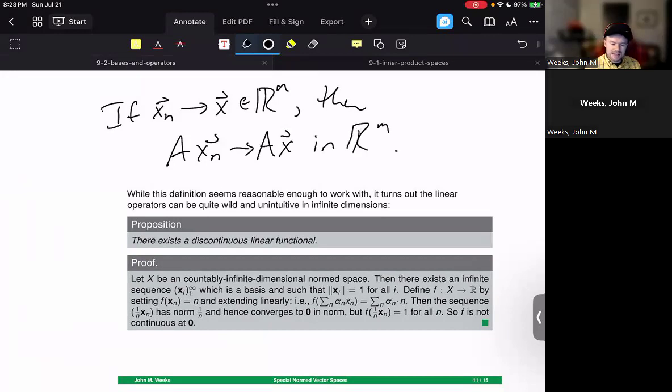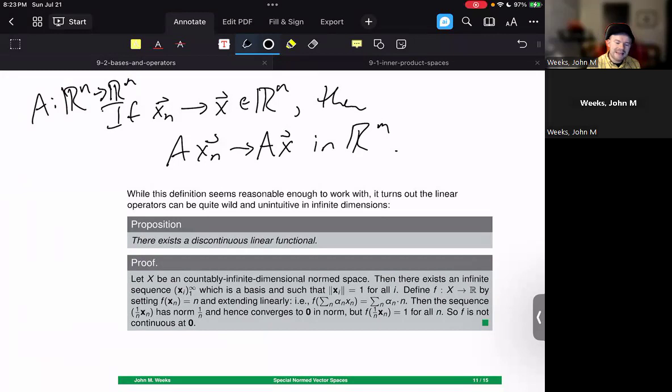That's what I mean by continuous: if you have something that converges in the domain of a matrix A going from R^n to R^m, then in fact, the corresponding range elements of going through that matrix also converge.